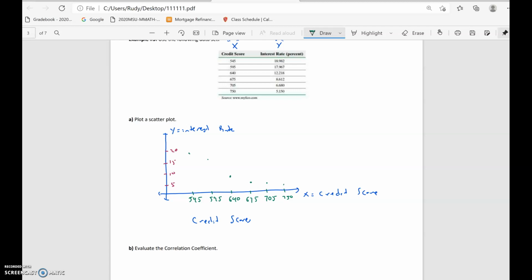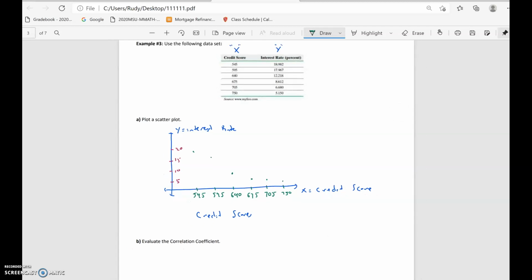Obviously not to scale, but this would be sufficient. On the scatter plot, we're only providing a dot. If we were including this in the project, then we would definitely use software to get a more precise picture.